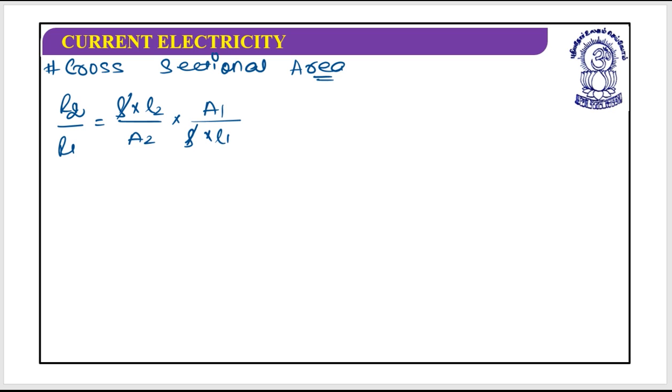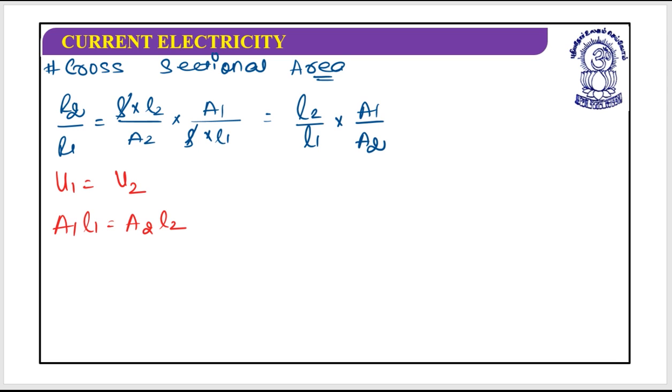This rho has gone, and it would be L2 by L1 multiplied by A1 by A2. One more thing that we know is that volume 1 must be equal to volume 2, and that's why A1 L1 should be equal to A2 L2. So L2 by L1 is equal to A1 by A2.